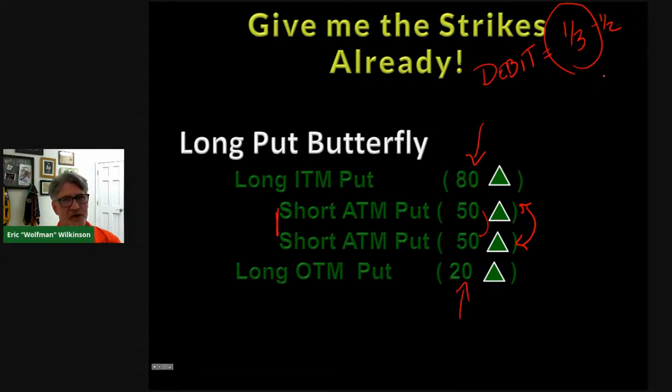You're going to have to be really sure of the underlying staying there. But around a third, sometimes you can get a little bit lower than a third as well. But ultimately, I'm looking for a third the width of the strikes, right? So when we're talking about a third the width of the strikes on a $5 wide, we're talking about $1.50, right? $2.50 wide, about 80 cents, right?